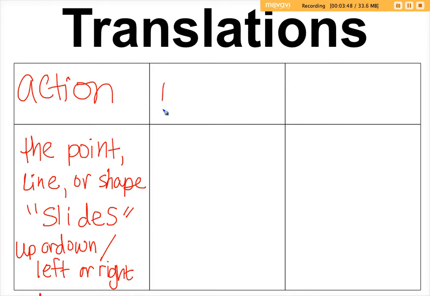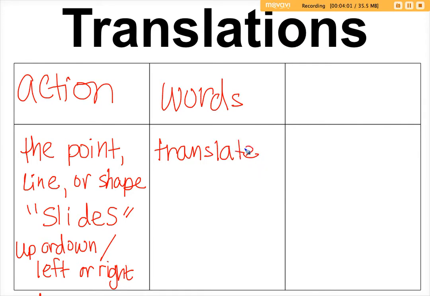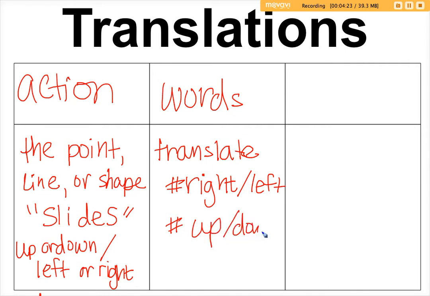All right, the next thing is let's put this in words. These are the instructions that you might see in words. So you might see it say translate a certain number right or left, or a certain number up or down.